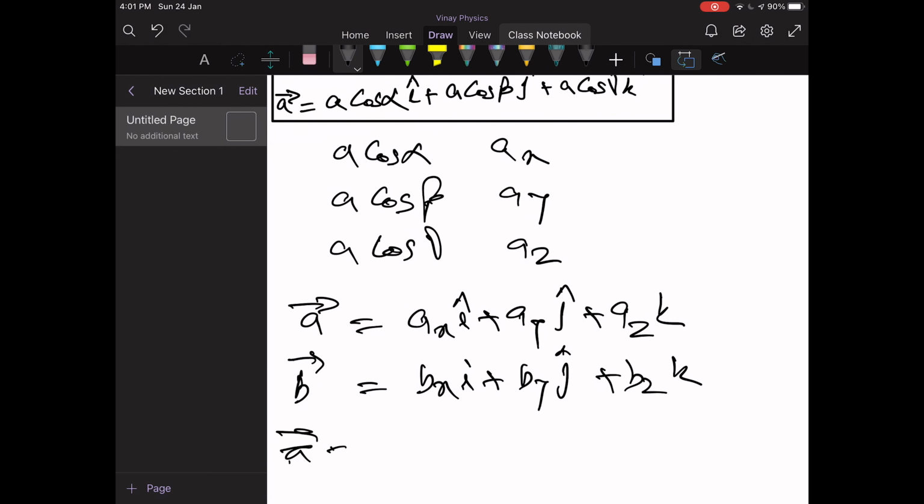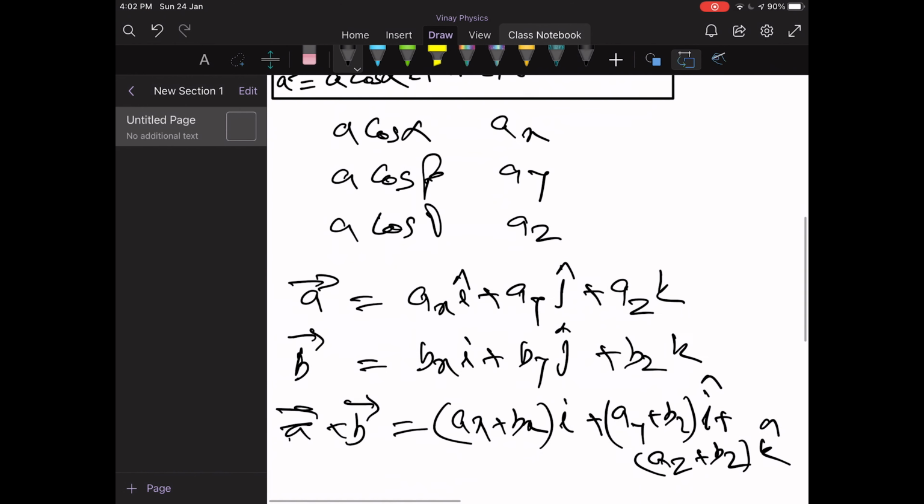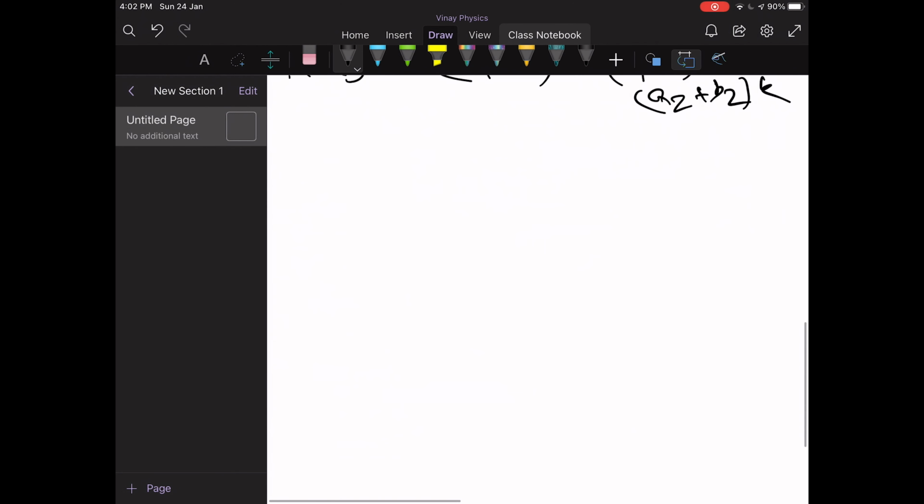So A plus B can be written as (Ax plus Bx) i plus (Ay plus By) j plus (Az plus Bz) k. So this makes it very simple to add vectors algebraically, which is very useful in complex problems.